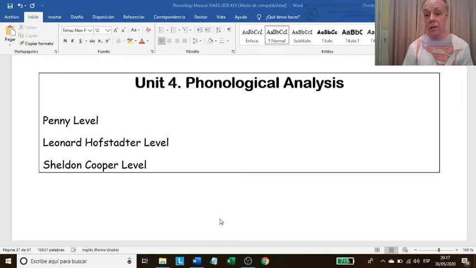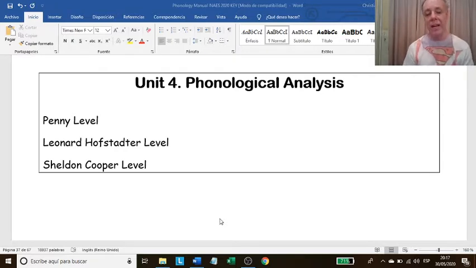Why? Because there is a parallelism between those characters from this sitcom and the level of intensity or complexity of the exercises. So the Penny level is the easy one, the Leonard one is intermediate, and the Sheldon one is advanced, let's say. The one that you will get in the final exam is the advanced one.